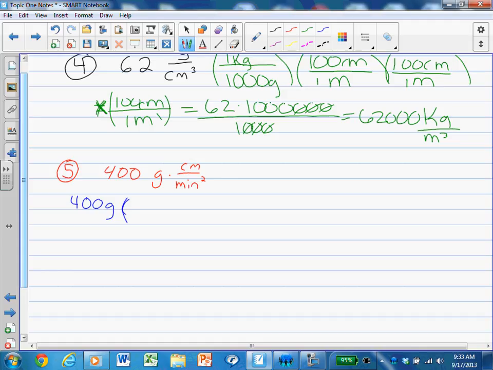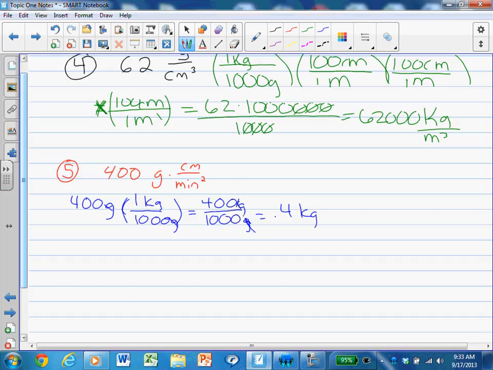400. Okay, she's changing her grams to kilograms. Puts the grams on the bottom to cancel. Good. Now she's going to change. Oh, no, she's going to go right into... That's fine. That helps. .4 kilograms.